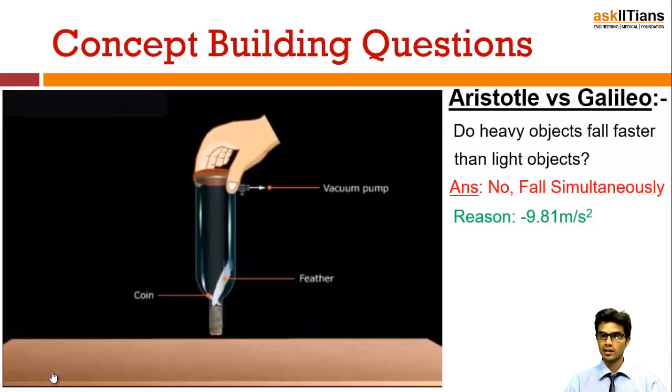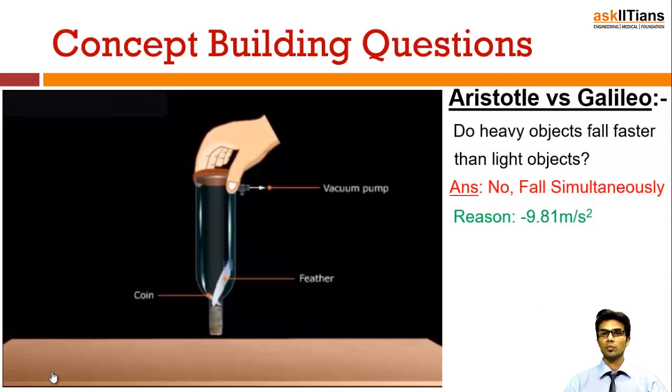But due to air drag or some external effect, the heavier object comes faster or the lighter object comes slower. To check it correctly, just create a vacuum and then apply the same experiment. You can see that it is independent of the mass, independent of the volume, and it only depends upon the acceleration due to gravity.